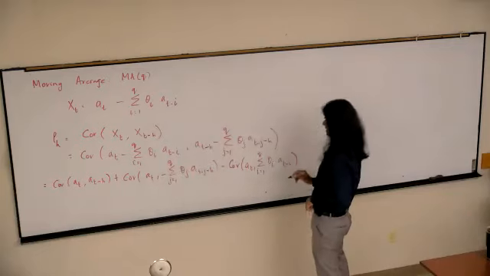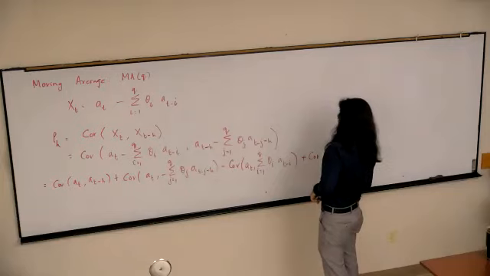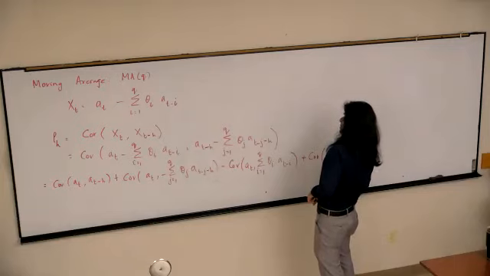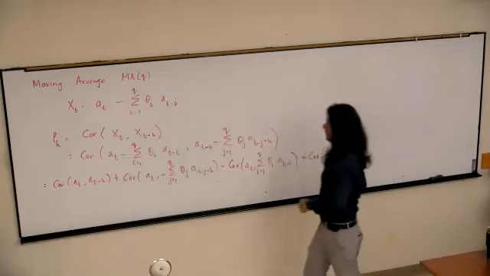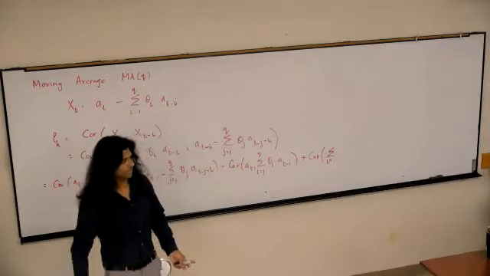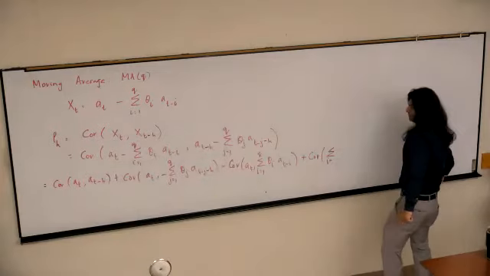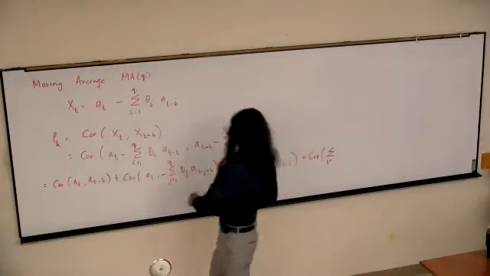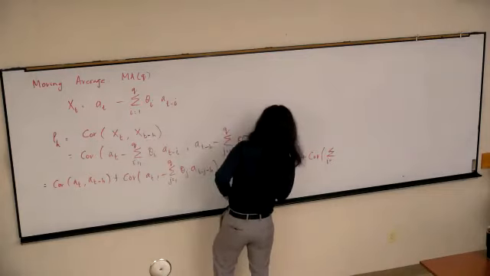And lastly, plus covariance of sum i equals, third term starts with 18 minus h.